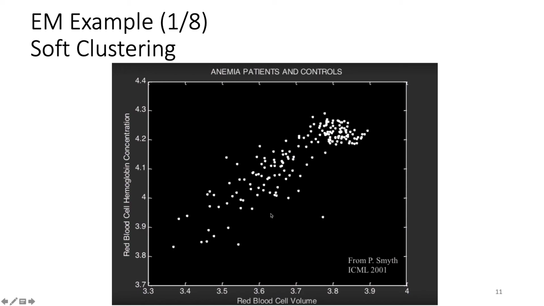What we could do is estimate two features: red blood cell volume, and also red blood cell concentration. We have no idea what's going to happen here. Can anyone estimate what's going to be the two clusters here, just looking at this shape?